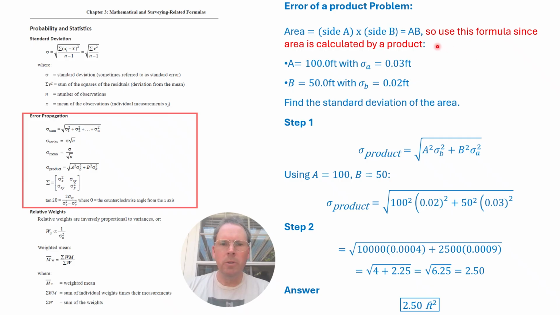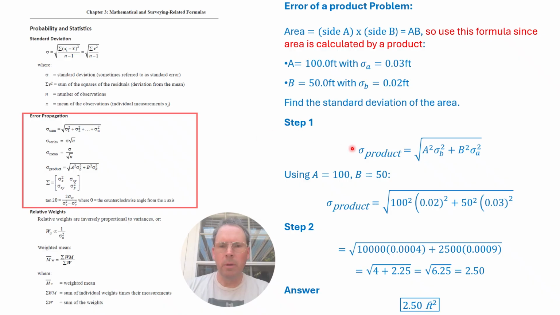So for example, say A is 100 feet on one side, and the other side has 50 feet width. Now these are the standard deviations of the measurements of each of these sides. So you're going to find the standard deviation of the area using this product formula here.